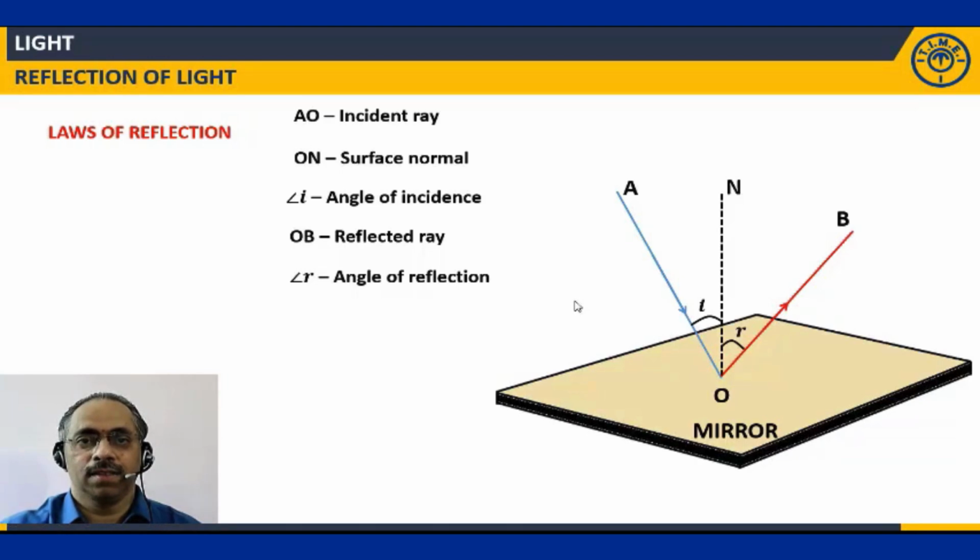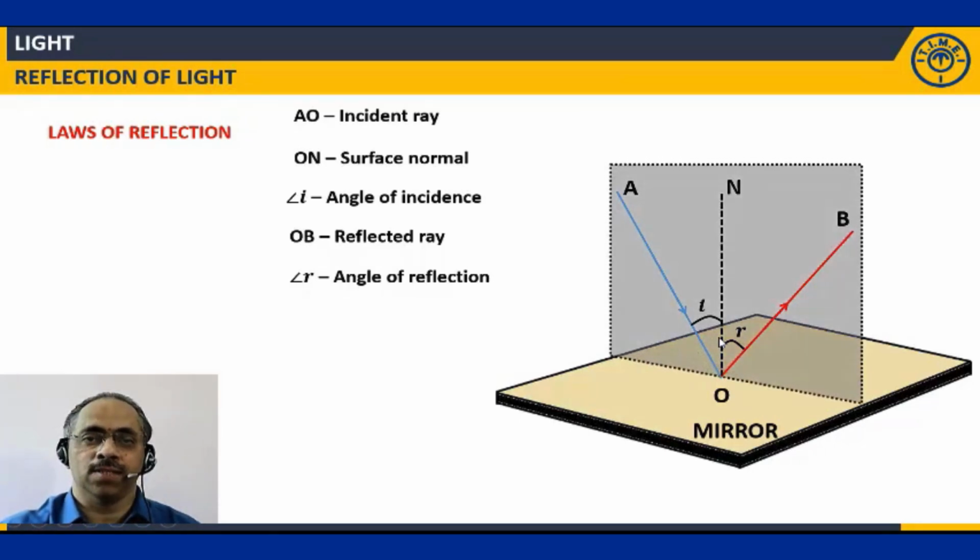Clear? Now, apart from this, we also need to know one more, which is called the plane of incidence. Okay, this particular plane, an imaginary plane on which lie the incident ray AO, the normal to the surface which is reflecting the light, that is ON, the imaginary line, and the reflected ray OB.